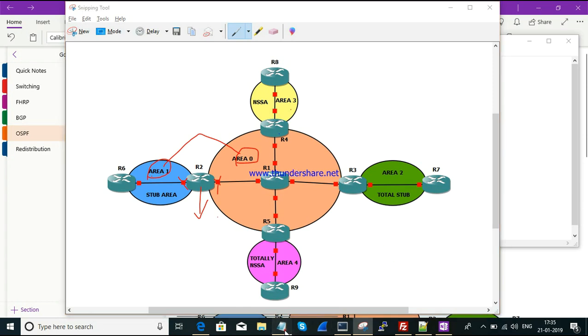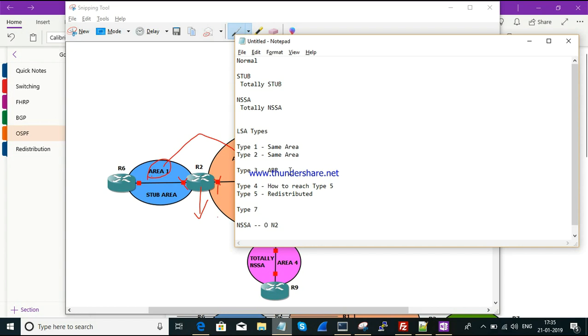Next is type 4 and type 5 LSA. First we see type 5 and then we move on to type 4.